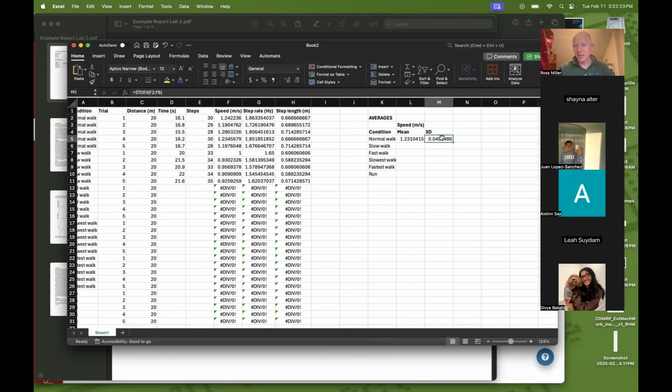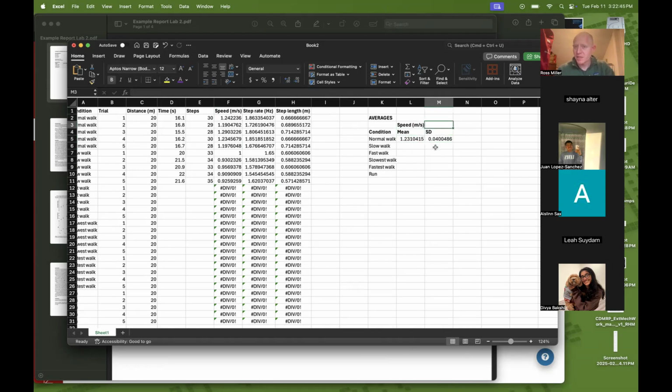Strictly speaking, if it's one standard deviation, that means roughly two-thirds of my trials were all this close to the mean. And then if you double that, it says nearly all of the trials were within two standard deviations of that mean. So the bigger it is, the more variable your performance was within that particular condition.